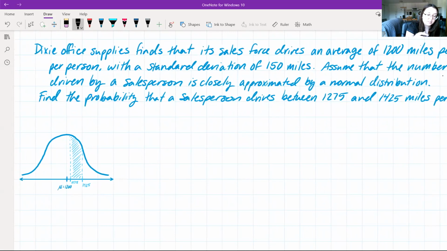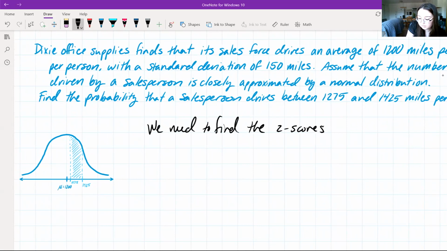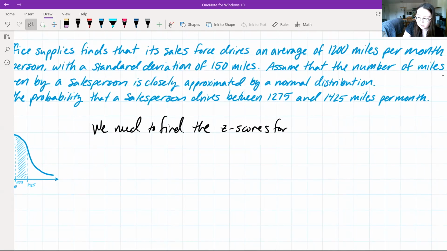So, first thing that we really want to identify here is that you need to find the z-scores for both x values.